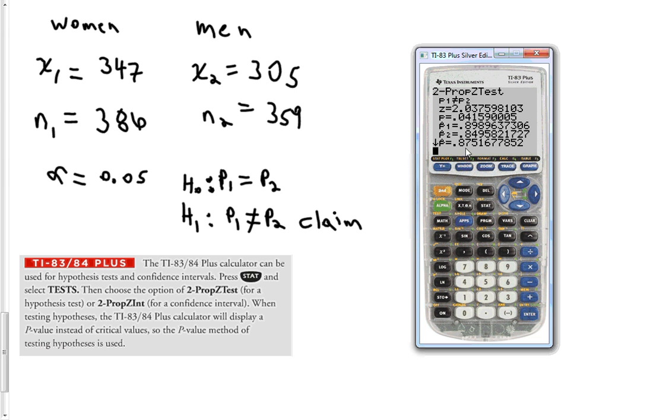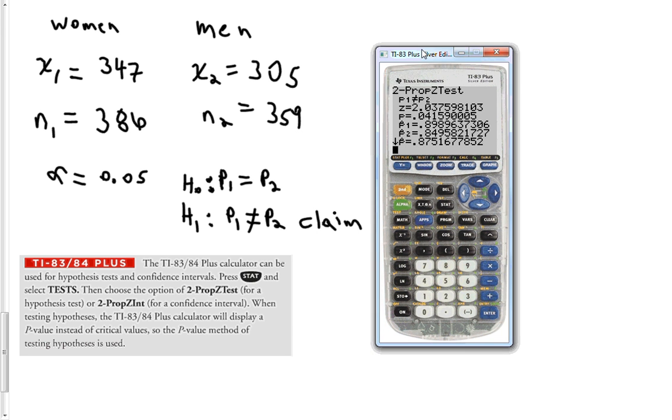The p that comes right under the test statistic is going to be the p-value for that test statistic. So we have our test statistic, our p-value, p hat 1, p hat 2, and the pooled proportion.